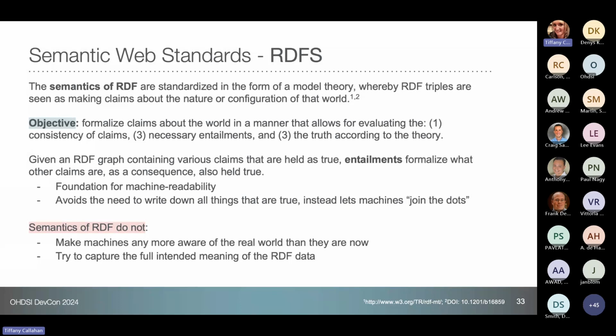I'll show you what I mean by that because it probably sounds kind of weird, but it's very important. It's important to know the limitations of RDF. RDF does not make machines more aware of the real world, and it does not try to capture the full intent of the thing that it's representing. It's more of a concrete scaffolding, if you will, for how to connect logic.